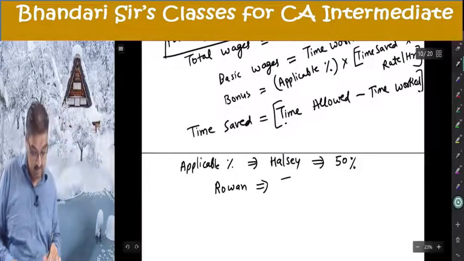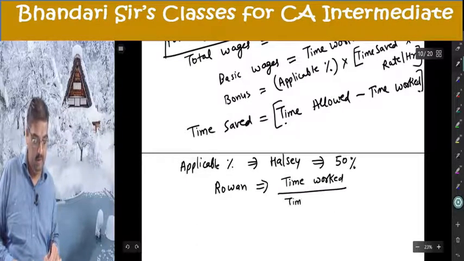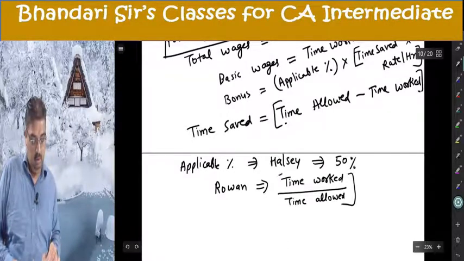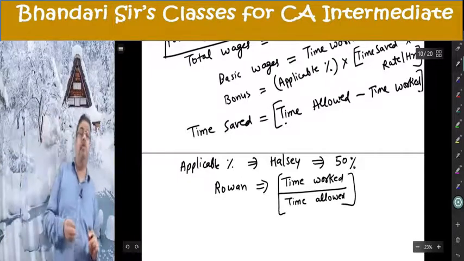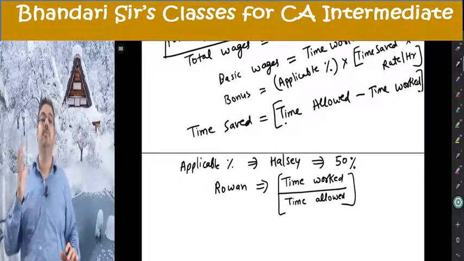Here there is a proportion: time worked divided by time allowed. So it is a variable proportion in every question depending on time worked and time allowed.